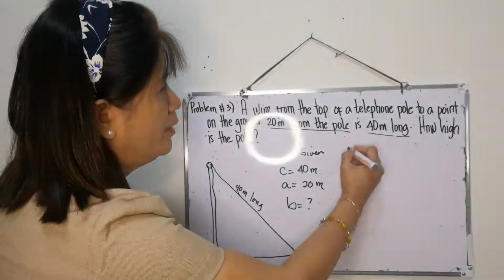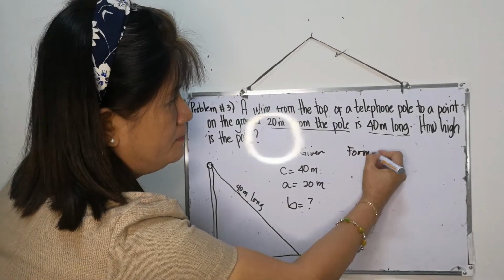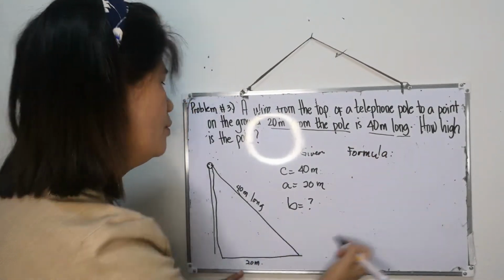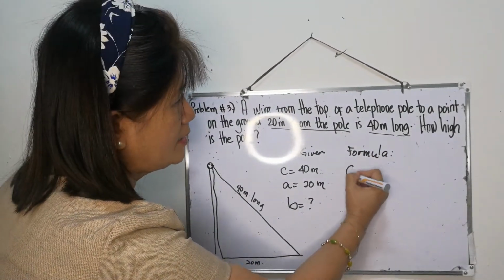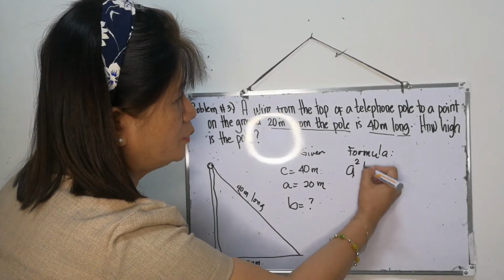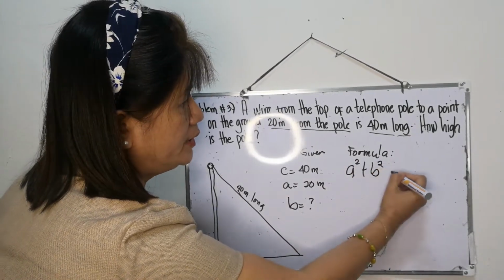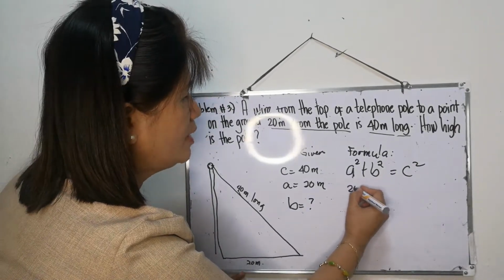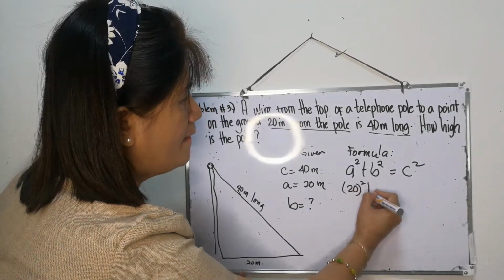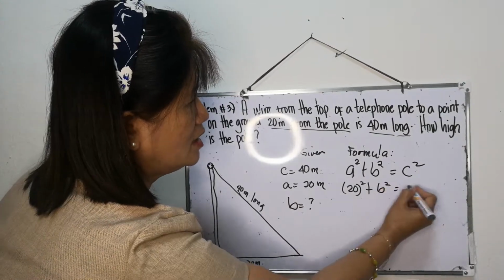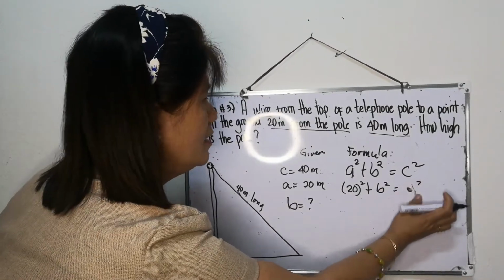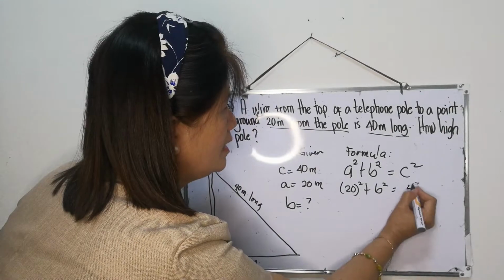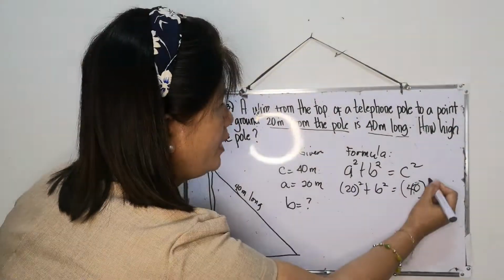So, using the formula, gagamitin natin, mauna yung A squared plus B squared equals C squared. Replacing A, it will be 20 squared plus B squared is equal to C squared. C is 40. So, magiging 40 squared.